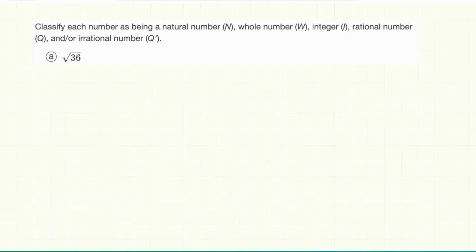So for question A, we're given the square root of 36, and before we classify this, we should see if it will simplify, and we can evaluate the square root of 36 as just 6. 6 is a natural number, N. All of the natural numbers are also whole numbers, so 6 is a whole number.